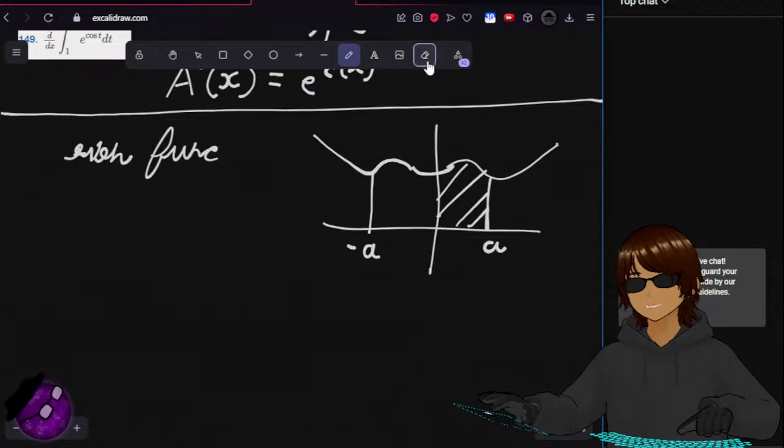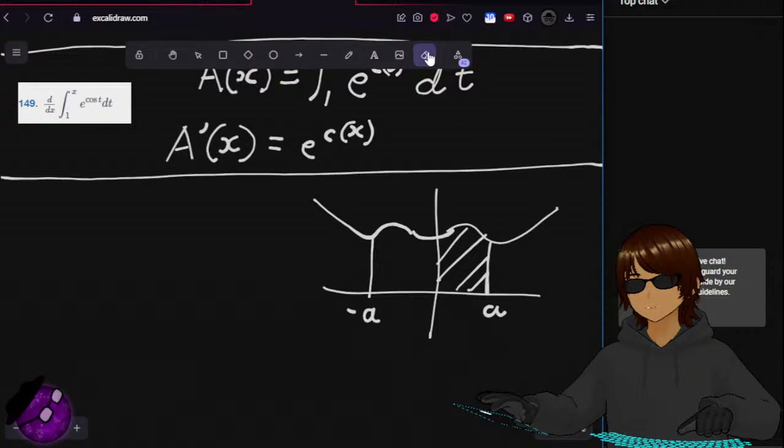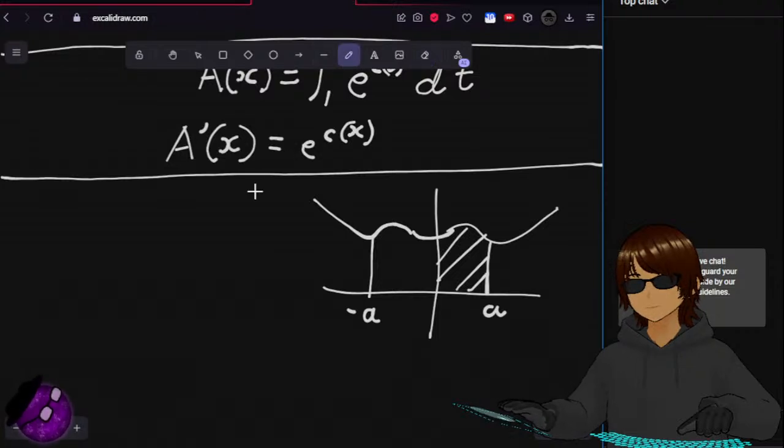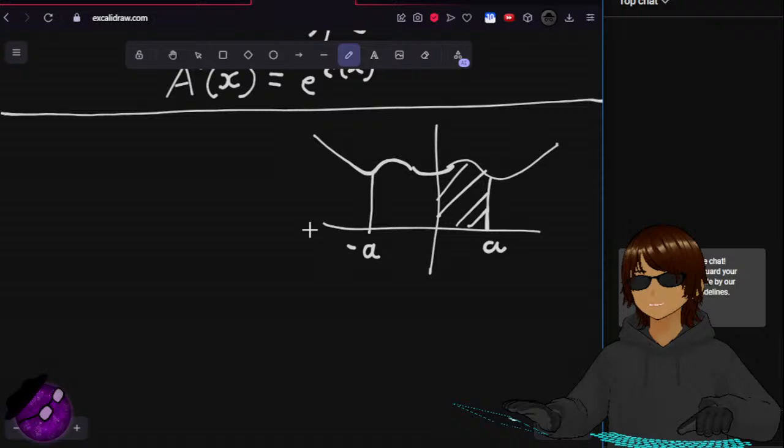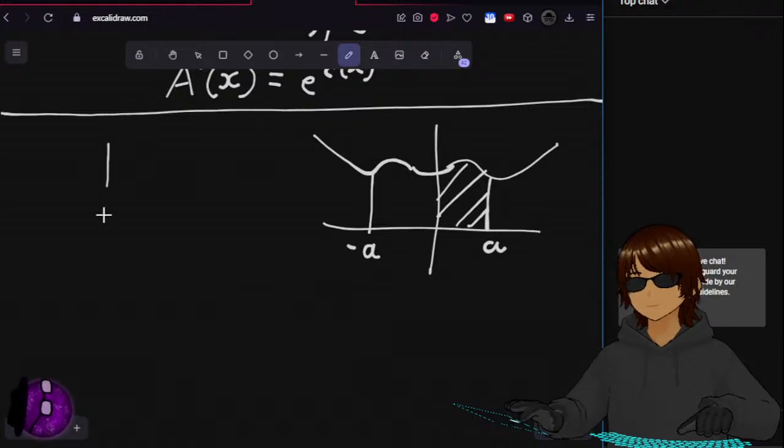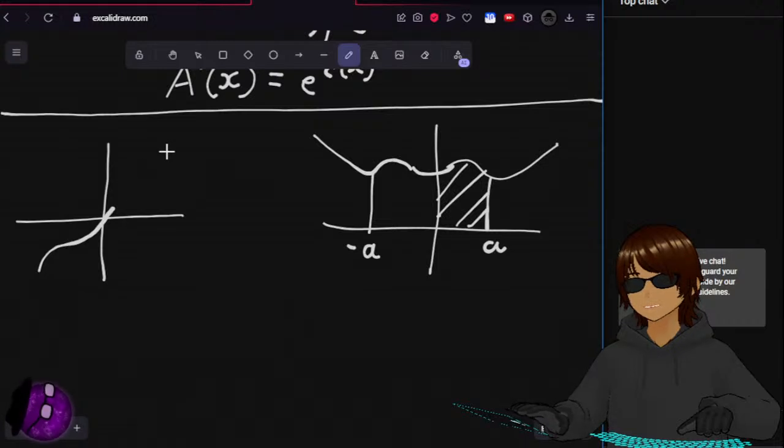And for odd functions, let me just remove this. For odd, I think the picture makes the website slow. For an odd function, if you have something like this, so it's like this and this, there's a reflection. No, wait, there's a reflection from the y equals x line.